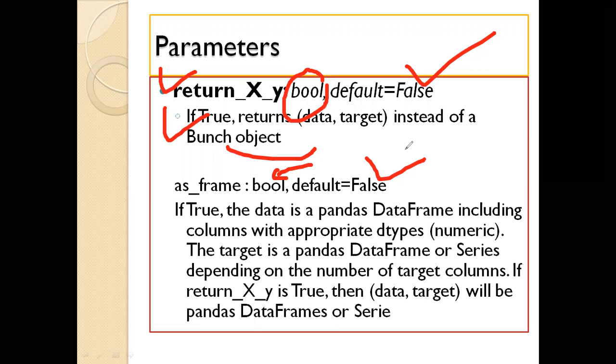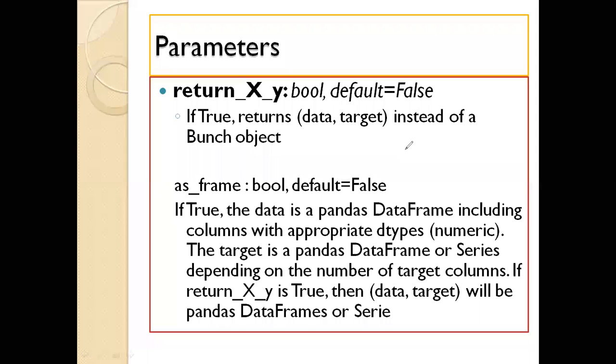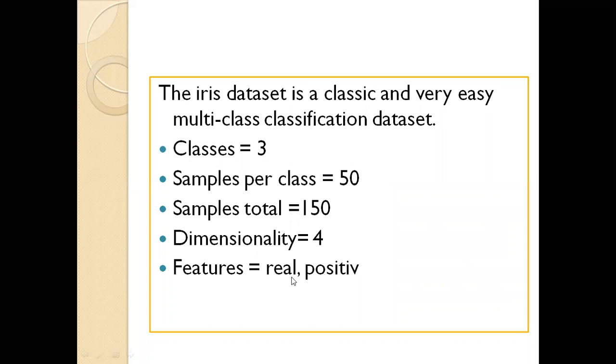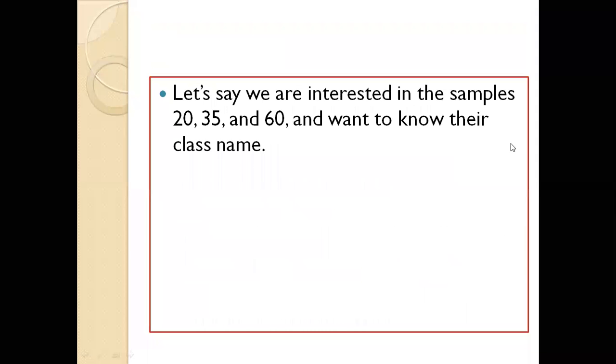But remember, the default value is false. And about the iris dataset, you have to know some simple information: it has 3 classes, 50 samples per class, 150 total samples, dimensionality is 4, and features are real and positive.